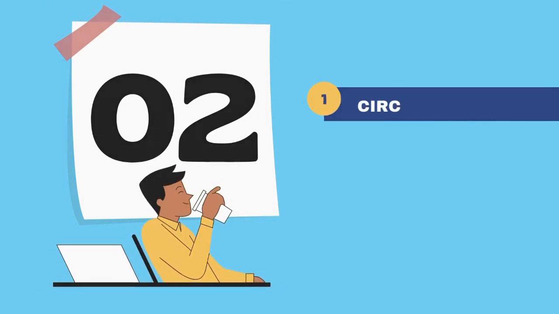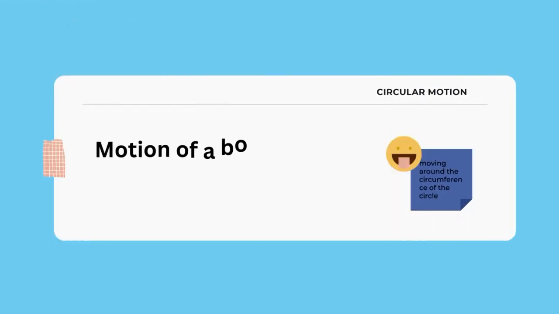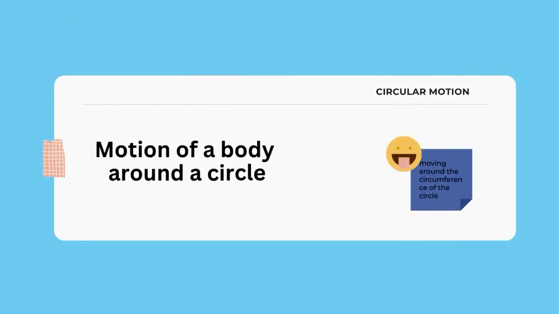Then what if the car or the body is not moving in a straight line, but rather around a circle? Very good. This brings us to the second type of motion, which is circular motion. So simply, circular motion is the motion of a body around a circle. Look at this circle here.